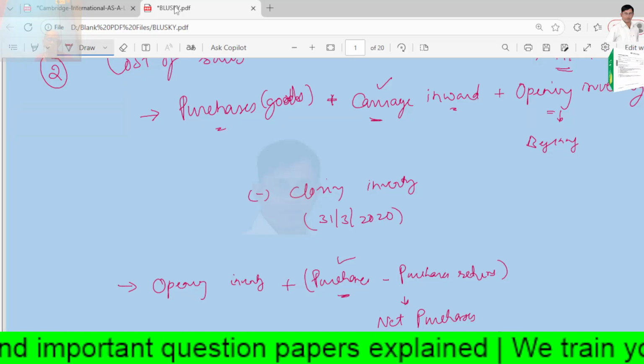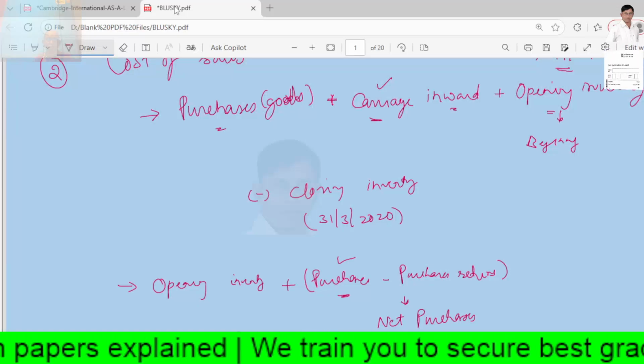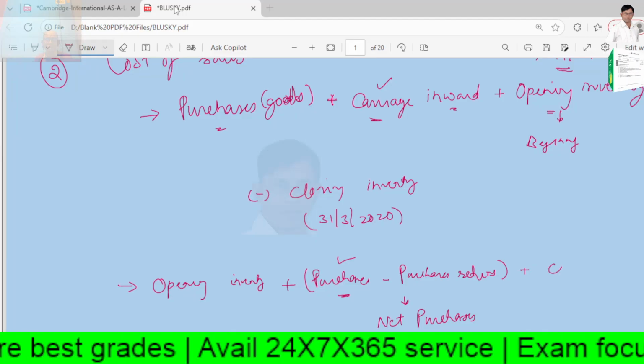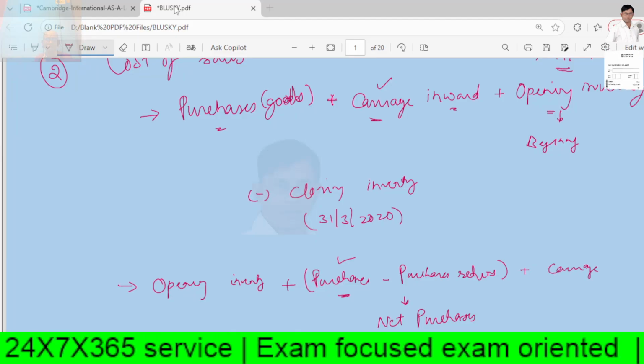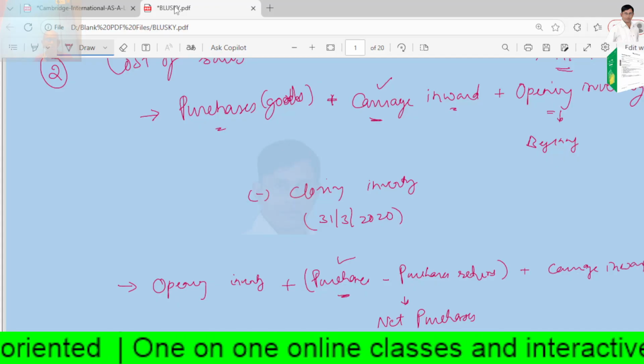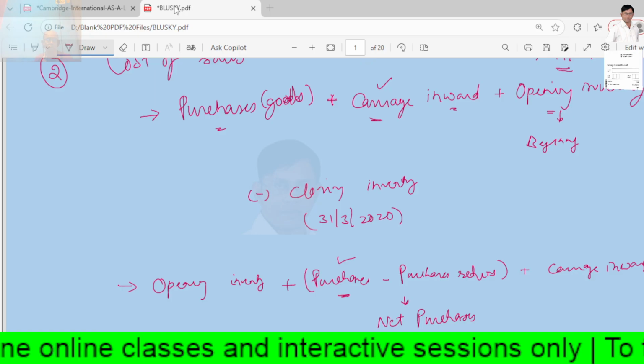So opening inventory plus purchases minus purchase returns plus carriage inward minus closing inventory.